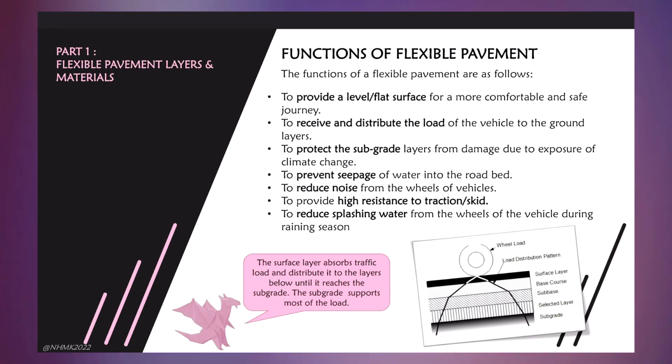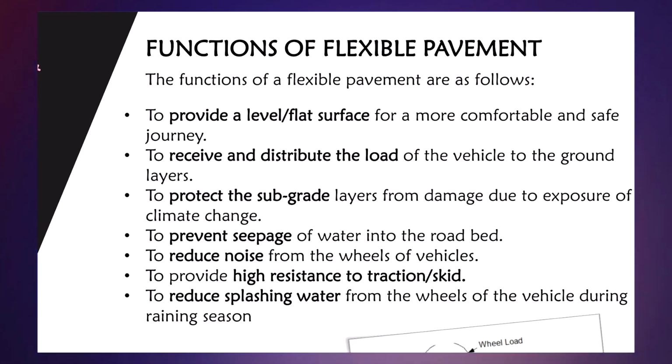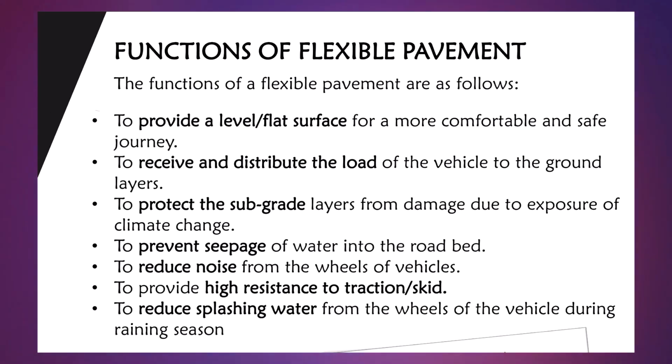What are the functions of a flexible pavement? The functions of a flexible pavement are as follows. Firstly, it is to provide a level, flat surface for a more comfortable and safe journey.